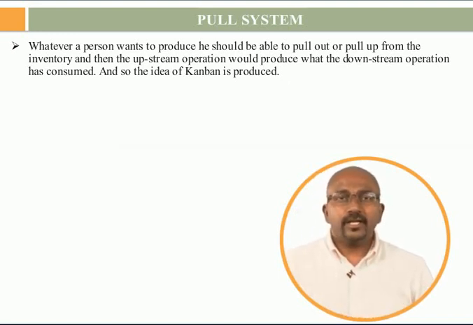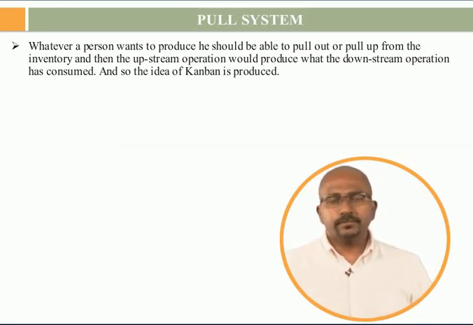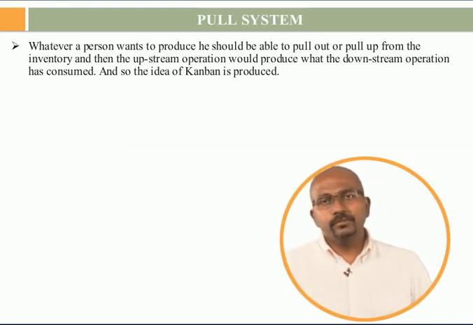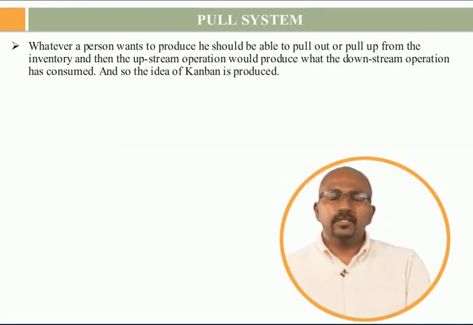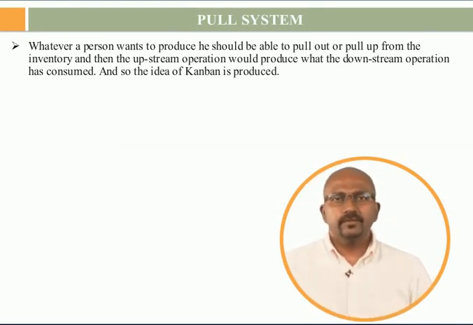This is where he got the idea that whatever the person wants to produce, he should be able to pull out or pull up from the inventory, and then the upstream operation would produce what the downstream operation has consumed. And so the idea of Kanban was born.